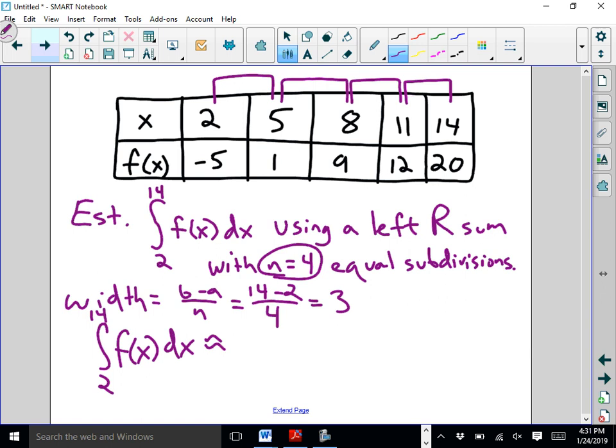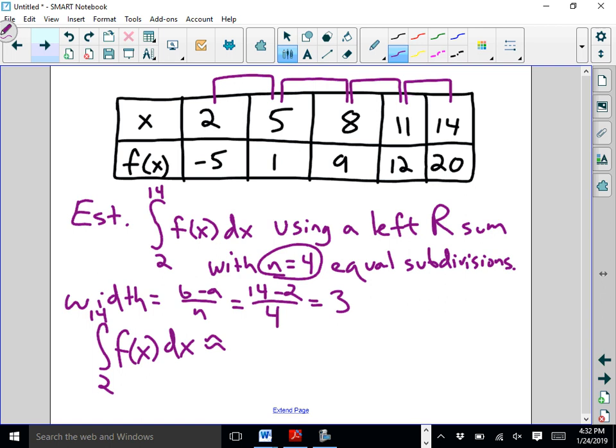It's going to be the area of all 4 of those rectangles. Now, an area of a rectangle is base times height. The question is, for each subdivision, I have 2 different heights that I can choose from. I have one on the left and one on the right. Well, since I'm doing a left Riemann sum, I want to use the height that is on the left.